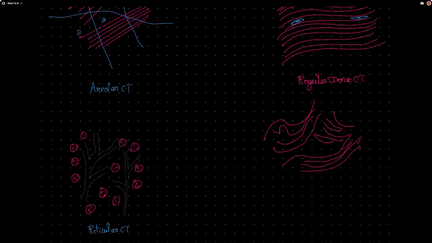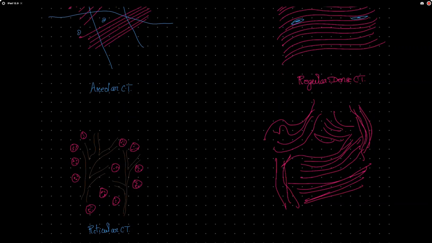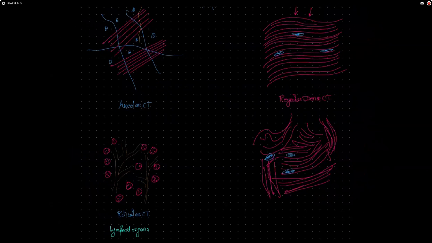There is no clear pattern of arrangement of those fibers. They still have fibroblasts scattered and squeezed between the closely packed collagen fibers on here. No clear pattern of arrangement on here, so this is going to be the dense irregular connective tissue.